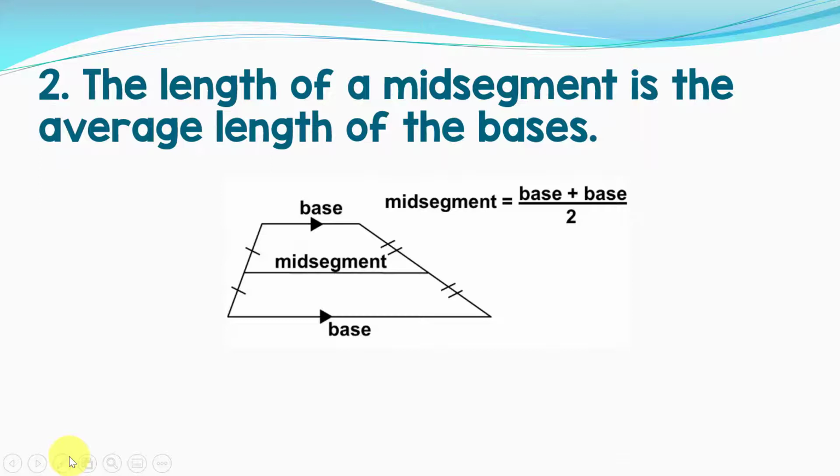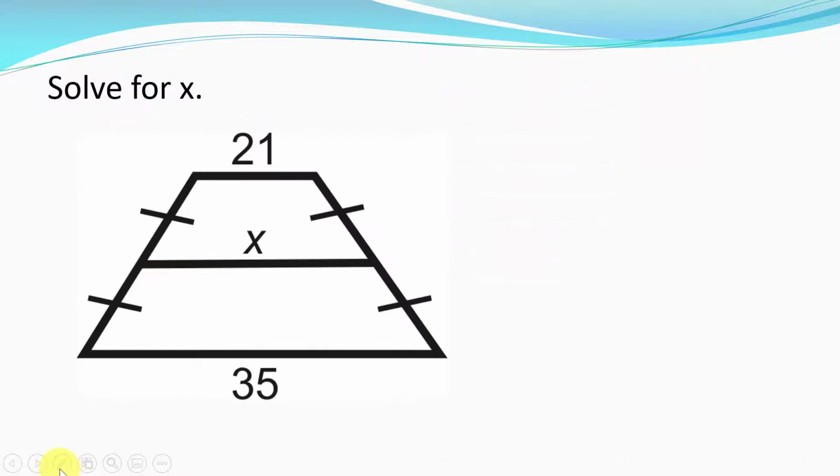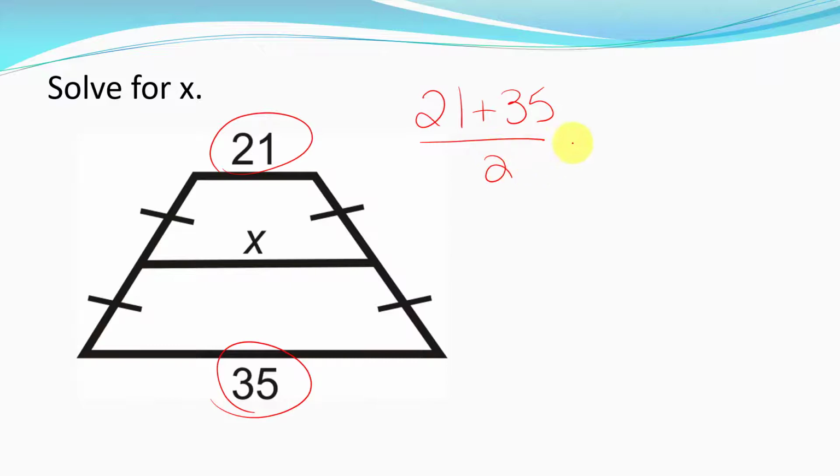All right, so what are we going to learn from that? The length of a midsegment is the average length of the bases. So we add up the two bases, divide by 2, and that will give you the length of the midsegment. So we know that the bases divided by 2 gives you the midsegment.